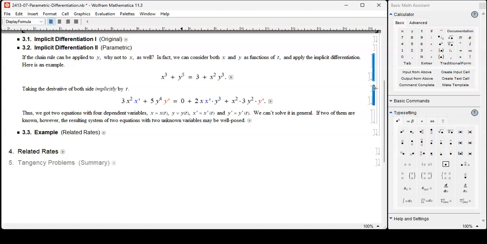But 4 unknown variables with only 2 equations, it's hopeless. You cannot solve it. But if the system somehow gives you 2 of them, and then we bring it down to a system of 2 equations and 2 unknown variables, sometimes we can do it. And that kind of problems are called related rates, you see. The original functions, x of t and y of t, are related by the original equation.